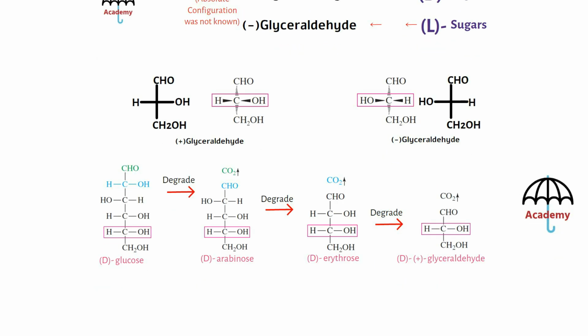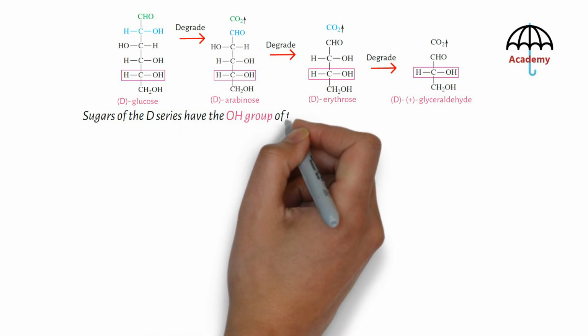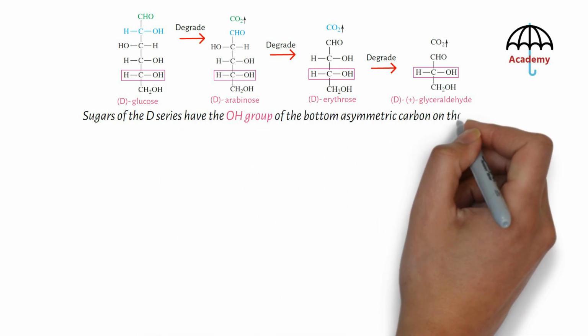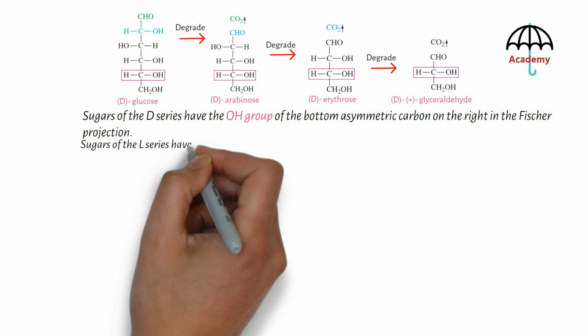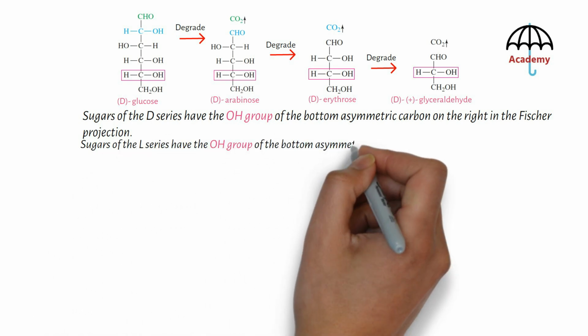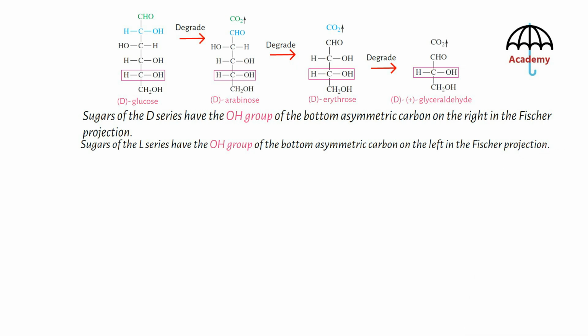Thus, to sum up, we can remember that sugars of the D series have the OH group of the bottom asymmetric carbon on the right in the Fischer projection. And sugars of the L series have the OH group of the bottom asymmetric carbon on the left in the Fischer projection. For example, this molecule has two asymmetric carbons.